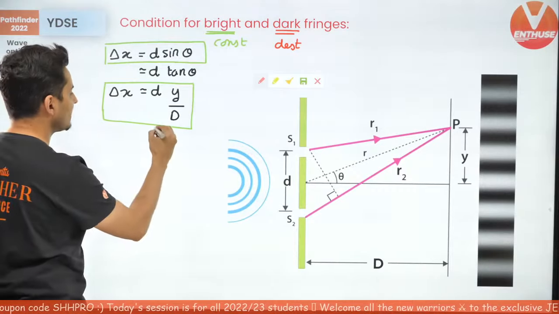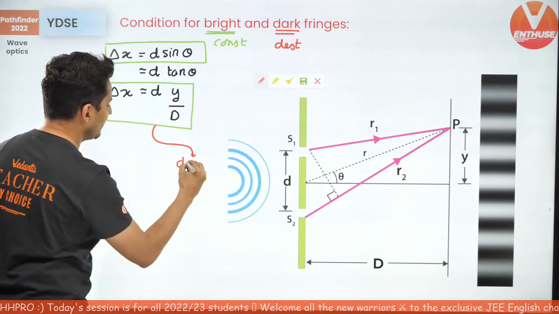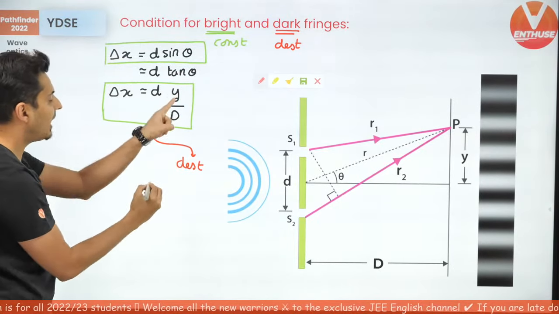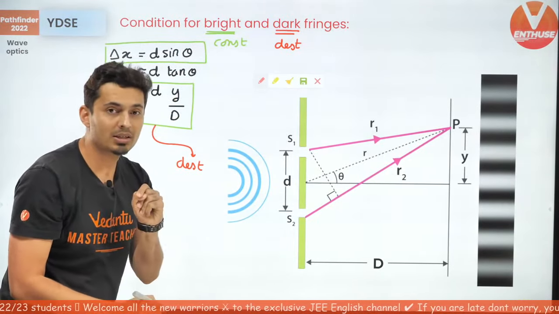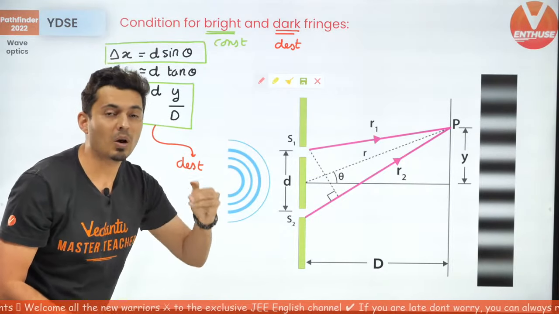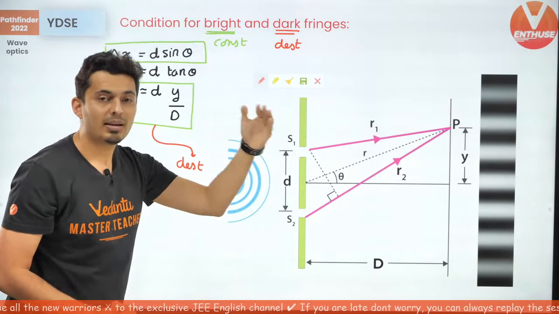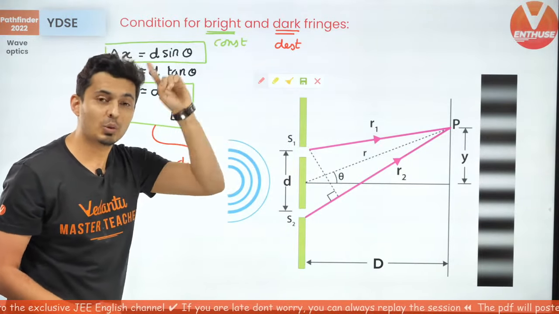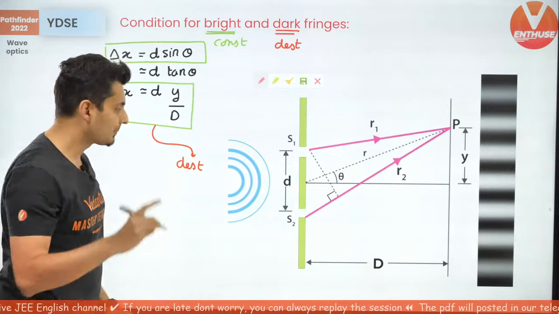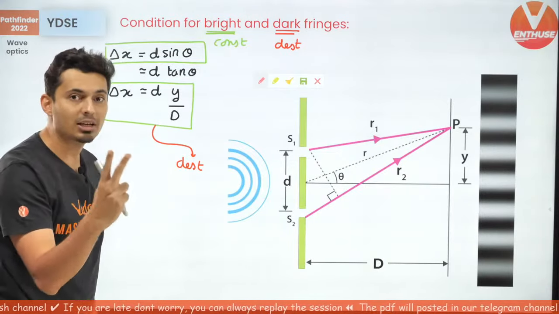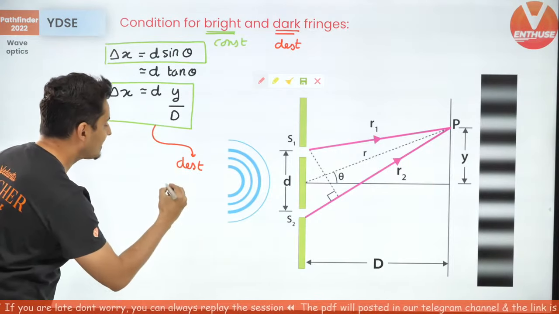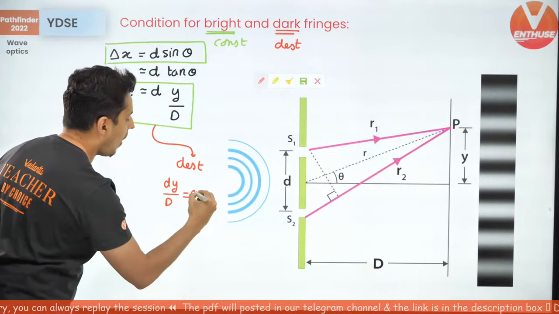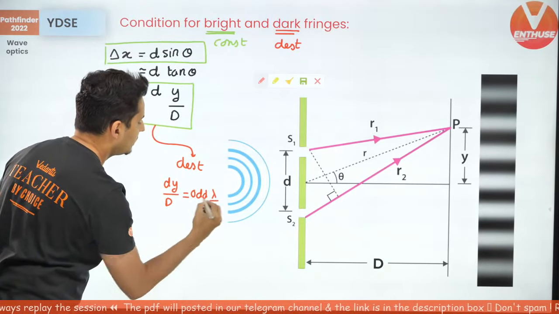So for destructive interference, the path difference should always be odd times lambda by 2: 1 lambda by 2, 3 lambda by 2, 5 lambda by 2, 7 lambda by 2. I have given this in my previous revision class for waves; just watch lecture number 2 of light waves in case you missed it. So you will get dy by D equal to odd times lambda by 2.